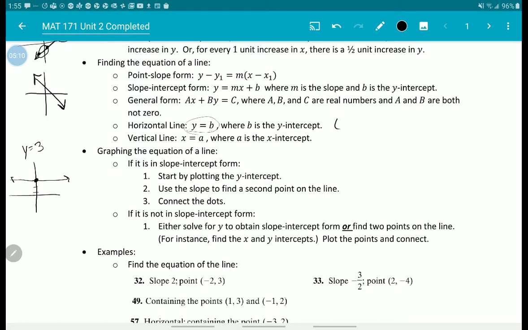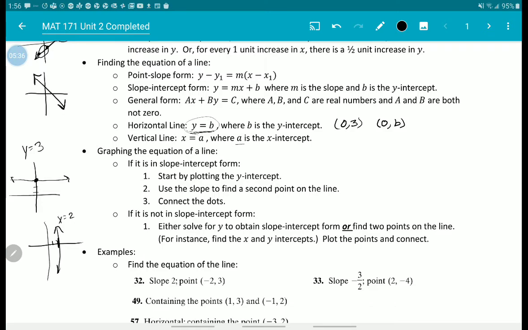So that number, whatever it is, will always be a y-intercept. So then we could write it that way for this example. For that generic y equals b, it would be 0x plus 1y equals b. Vertical lines, let's say we're looking at x equals 2. It's always in the form of x equals something.